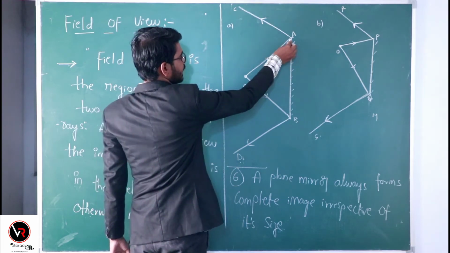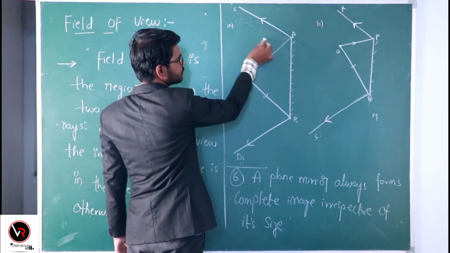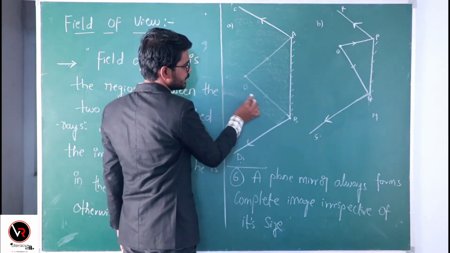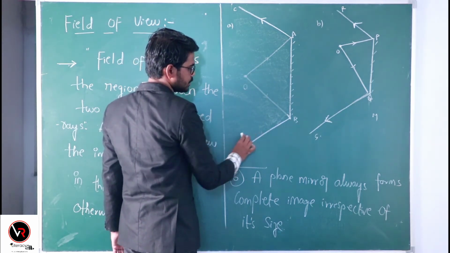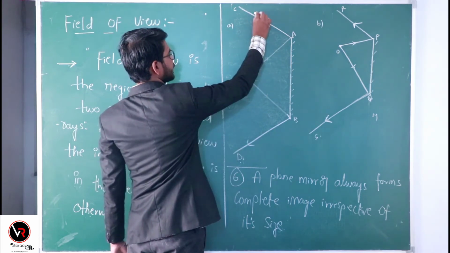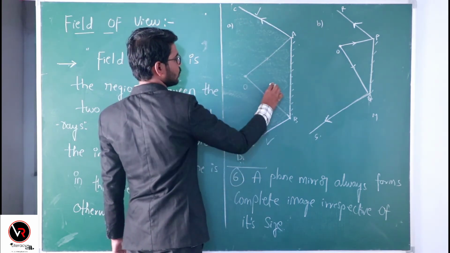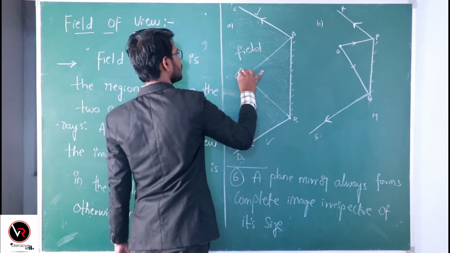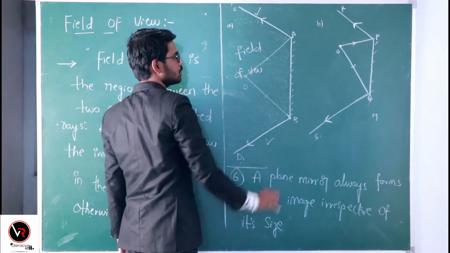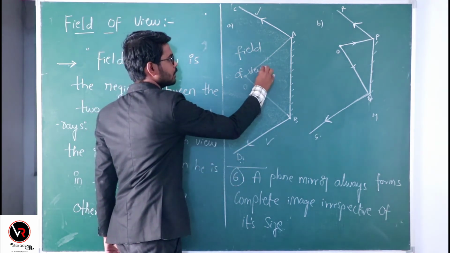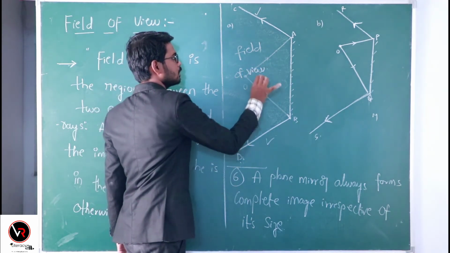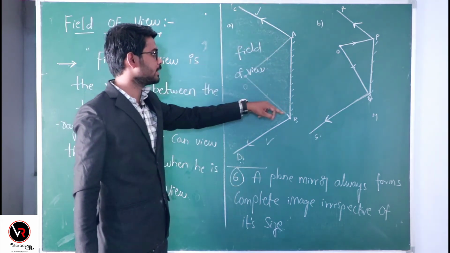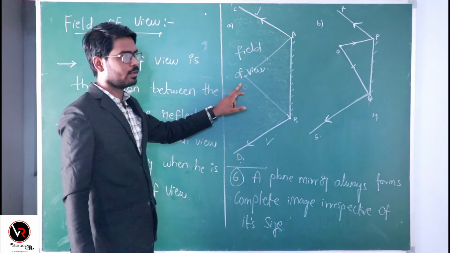So this entire region that is enclosed within these two reflected rays is called field of view.